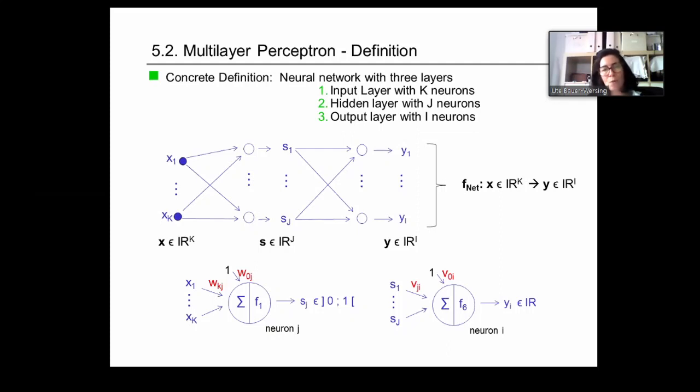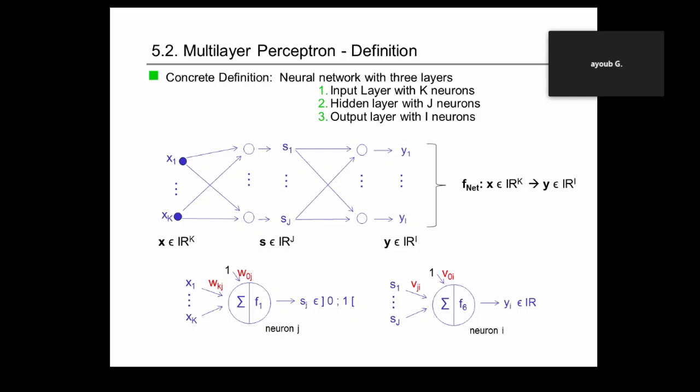My question is about the hidden neurons: where do they get the function, and how does the calculation look? The K inputs come in, they get added up, and after that comes my hidden neuron.